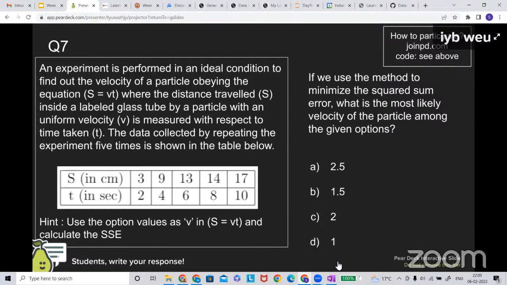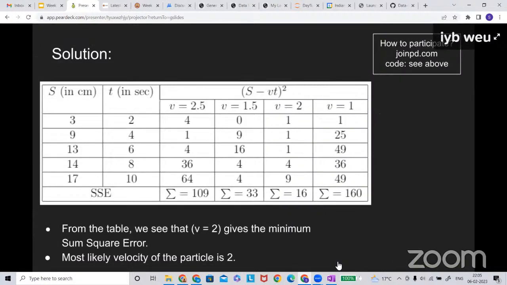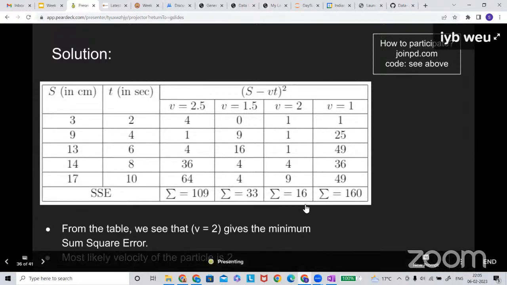I'm opening the solution. You have the S value and the T value. For V equal to 2.5, just calculate the SSE: S minus Vt, whole square. S is 3, T is 2, and V is 2.5. Each time substitute here and square them, and you will get the terms one by one. For this data, you will get 1, 4, 36, 64. Sum them all and you get 109. For V equal to 1.5, the sum is 33.